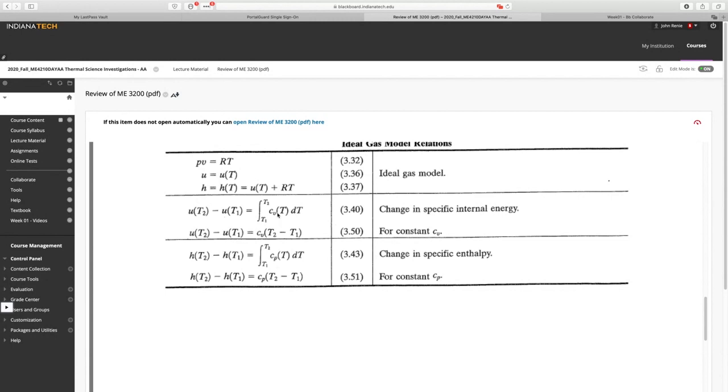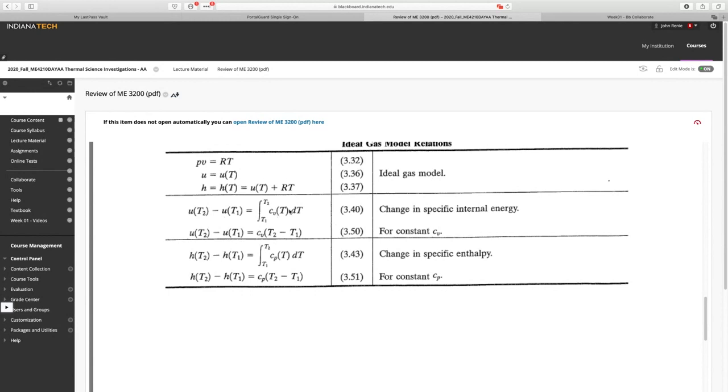And because they are a function of temperature, if we wanted to determine the change in internal energy between two temperatures, we have to perform an integration of CV with respect to dT, because CV is really defined as the change in internal energy with respect to temperature in a constant volume process.